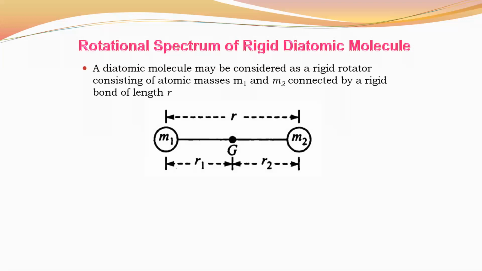Here in the figure, the point G is the center of gravity of the diatomic molecule and r is the bond length. The distance r1 is the distance to the mass m1 from the center of gravity, and r2 is the distance to the mass m2 from the center of gravity.